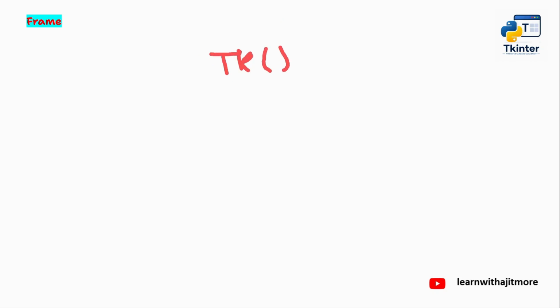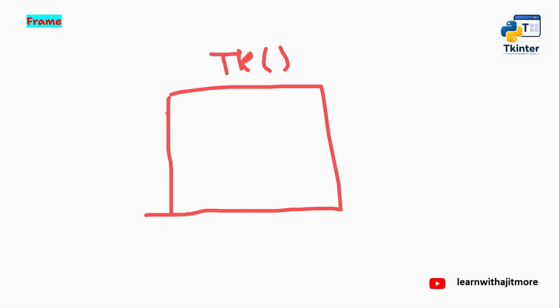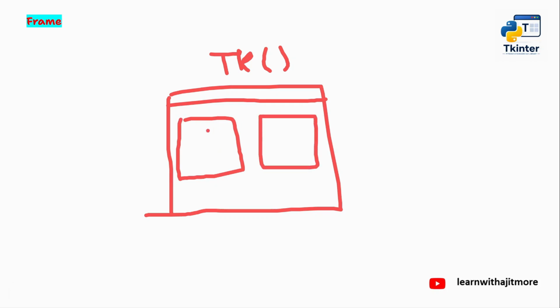We set the title, geometry, and then our main window gets created with a title and all, and then we add items in it. So as you have a main window as a container, this frame is also like a container, but it's not a main window. It is put within your main window. So within the window, it is also a container. Getting? And in that container, again, you will add different UI components.